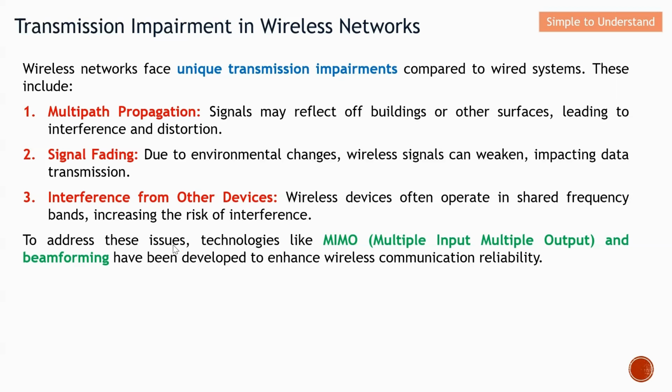To address this issue, nowadays we have new technologies like MIMO, which is multiple input, multiple output, and even beamforming, which means the beam just serves you only, a very concentrated beam directed to you. With this, you can imagine that the interference will be lesser because the beam is served directly to you. So this is what I have for transmission impairment for digital communication.